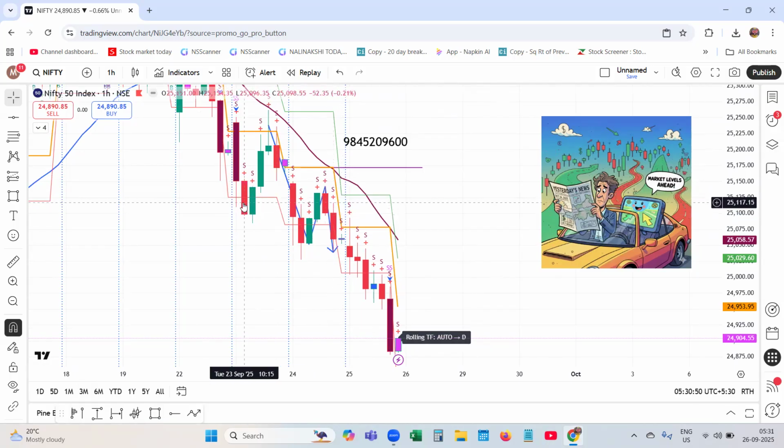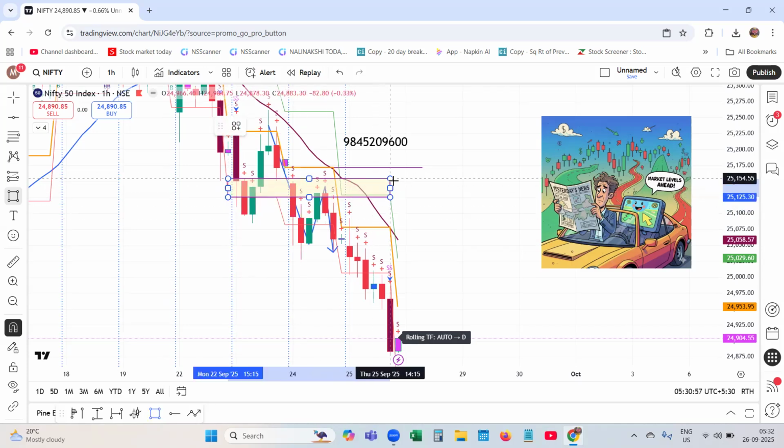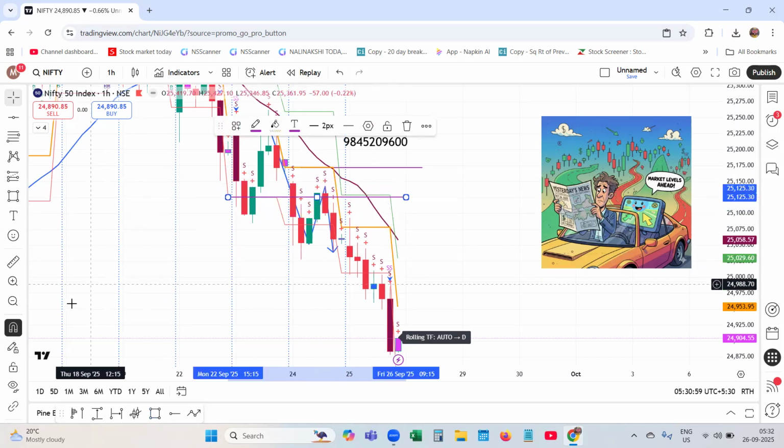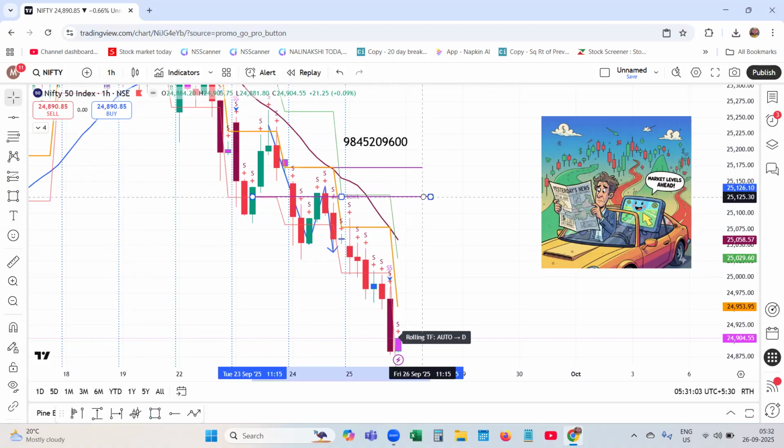You should know where the previous day support line is. You should be prepared for this. So these are your boundaries, the line of control. It cannot go above that.